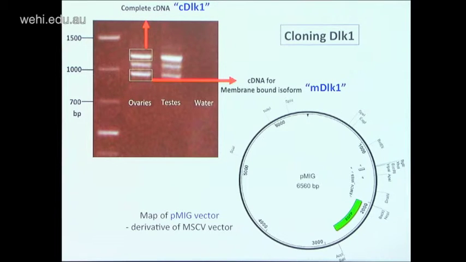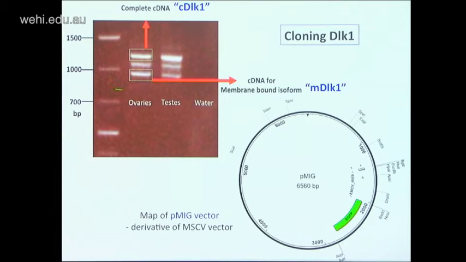After harvesting the RNA and making cDNA, I've PCR'd it with primers against the beginning and the end of the Dlk1 gene, tagged with the BglII and EcoRI restriction enzymes. The biggest form here represents the complete cDNA, or the long isoform, which I've named cDlk1 for ease of use. And the shortest one here is the membrane-bound isoform, which I've named mDlk1.